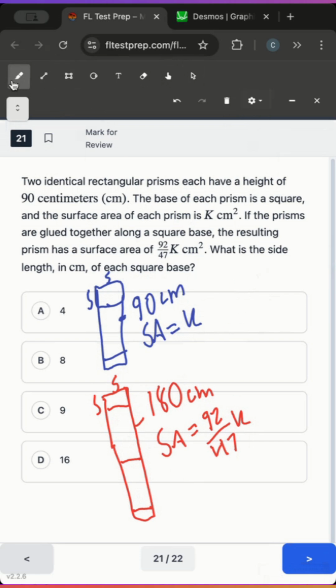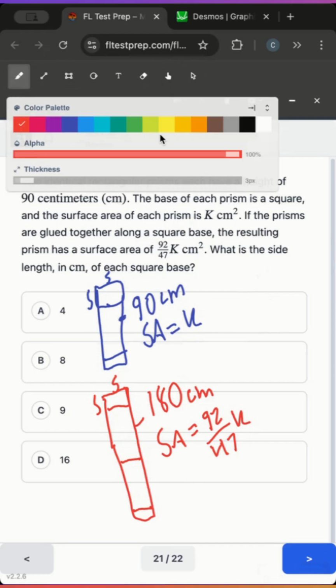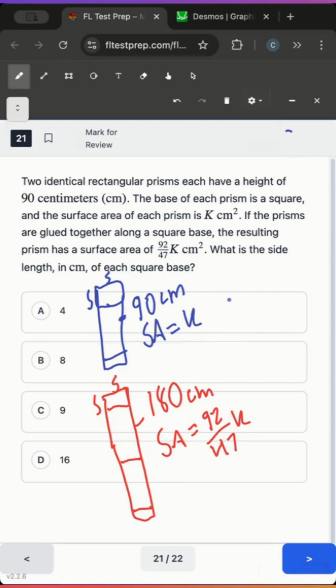But let me go ahead and solve for the surface area of my first rectangle before I do anything else. I can find the area of my top and my bottom because it'd be s squared, and I'm going to do it twice, so 2s squared. Plus, how many faces of this long rectangle side are there?